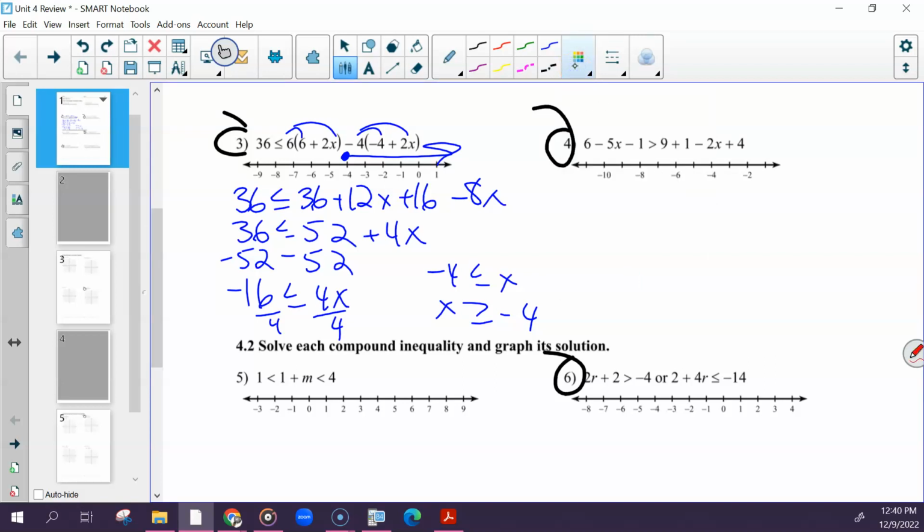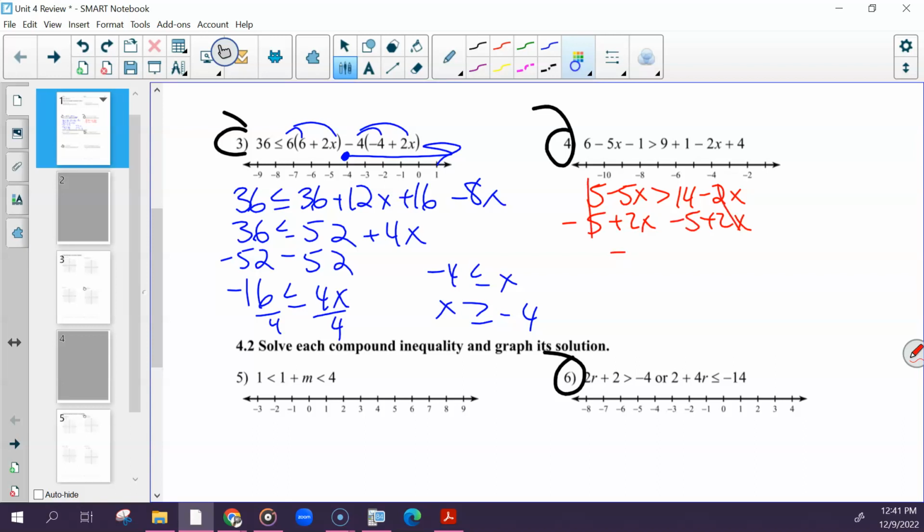On 4, combine your like terms on the same side. So 6 minus 1 and 9 plus 1 is 10. 10 plus 4 is 14. Get all your x's on one side, all your constants to the other. How you do that does not matter. I'm going to add 2x over here and subtract 5.